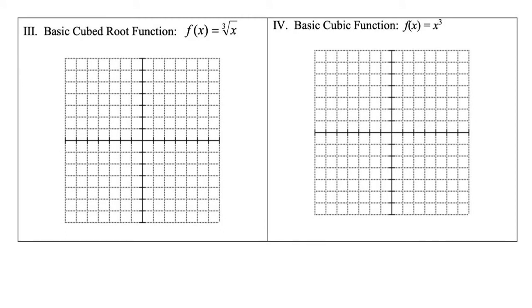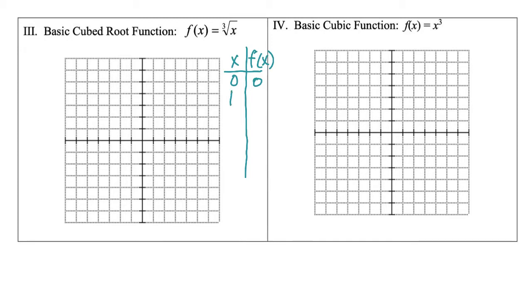Right, now for our cube and cube root, we need to build again a good t-chart for these. So again, let's do a basic t-chart. We've got our x and f of x, and good old 0, 0, and then the cube root of 0 is 0.